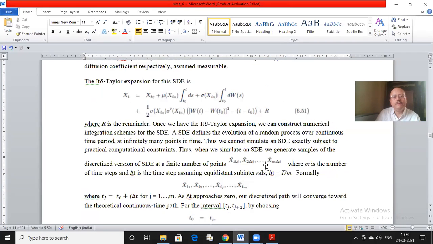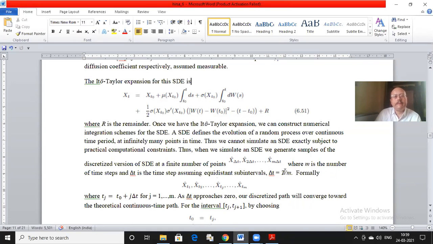So what we do is generate samples of the discretized version of the SDE at a finite number of points. Let us call them delta t, 2 delta t, up to m delta t, where m is the number of time steps and delta t is the length of the interval. So if the total length of the interval is capital T, then delta t is T by m.